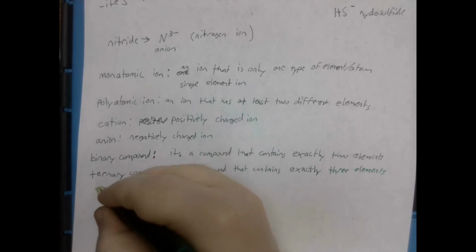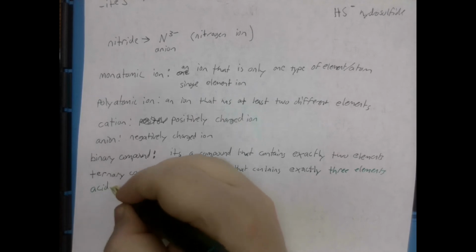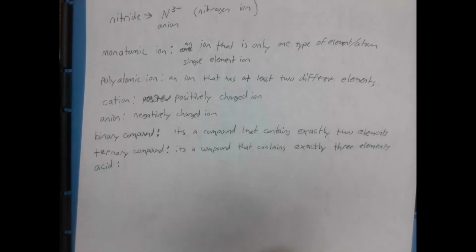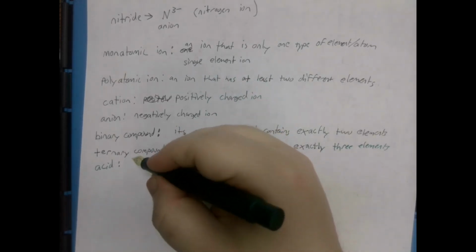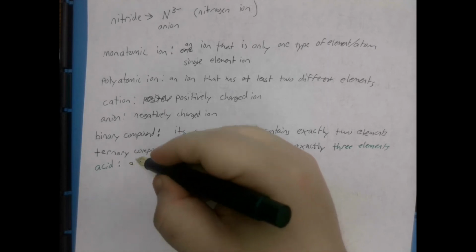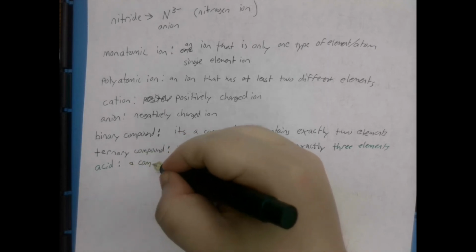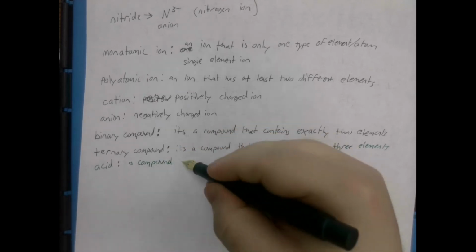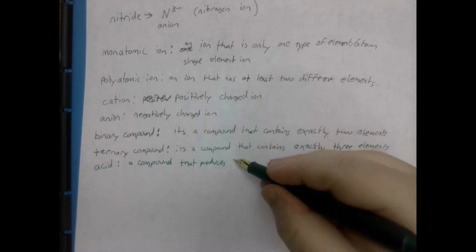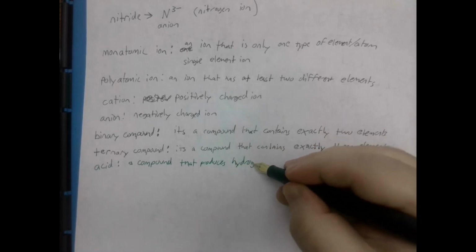What is an acid? It is a compound that produces hydrogen ions when dissolved in water.